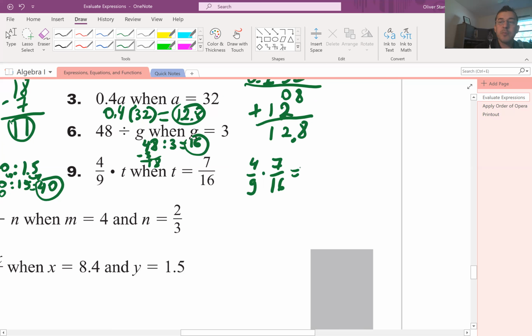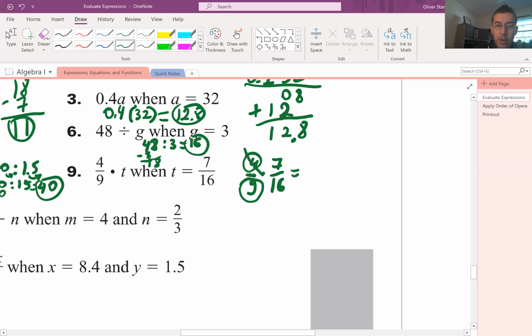Number 9, what is 4 over 9 times t when t equals 7 over 16? Now, when we multiply fractions, the numerator is the value on the top, denominator is the value on the bottom. If there is something that you can cancel out, please do. So in this case, 4 and 16, they can be canceled out by 4. So 4 becomes 1. Why?